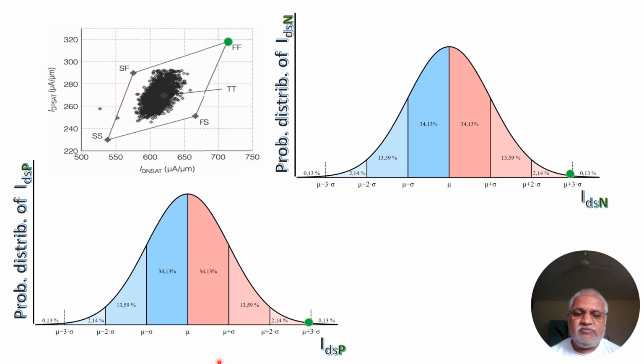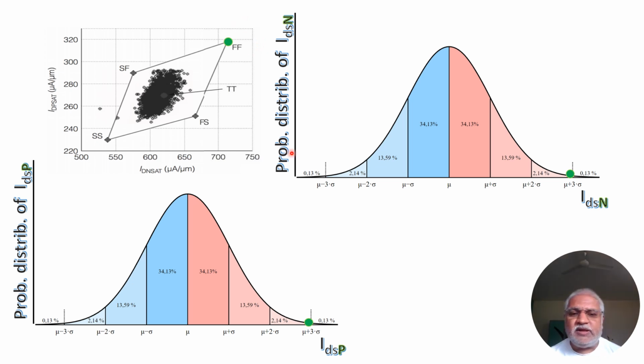In the same way, the drain to source current of PMOS is shown here, and this is its probability distribution. If you observe, this is the high value of current in both cases. That is the representation of fast corner.